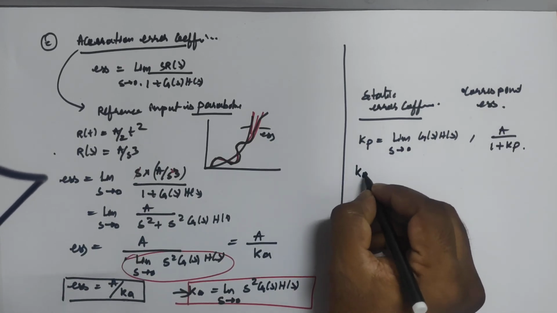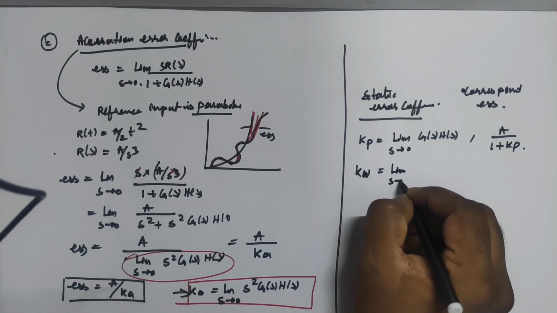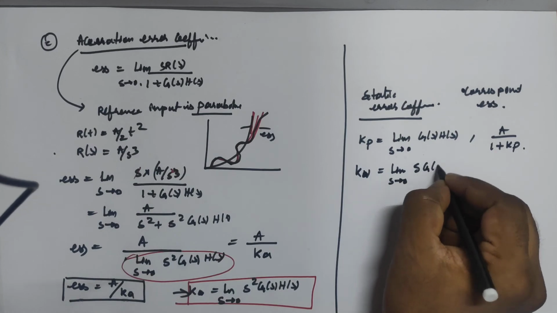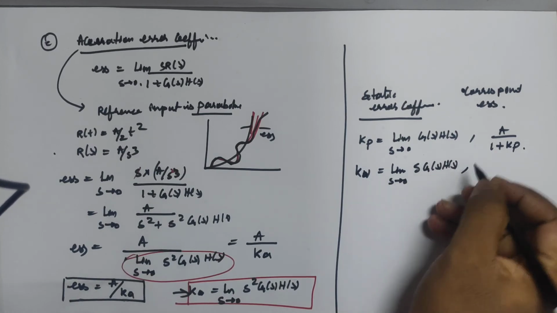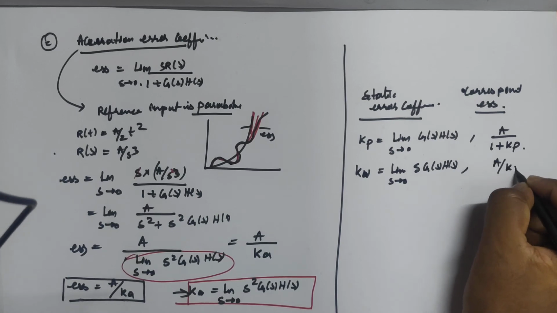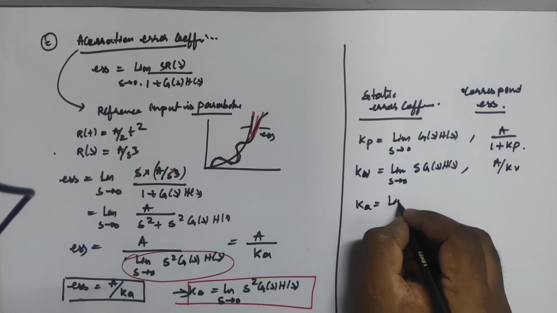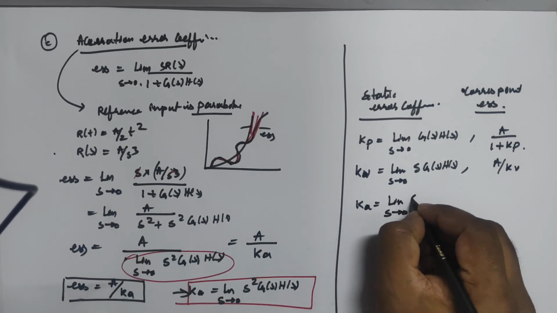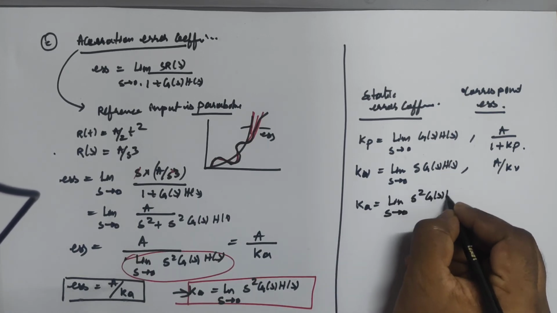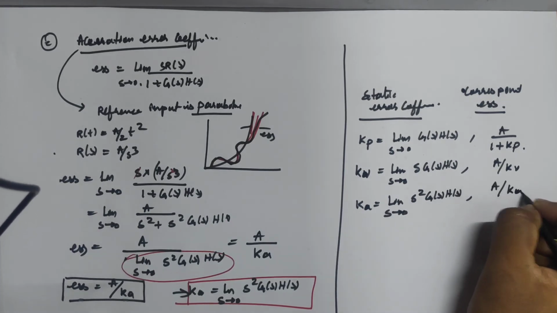For Kv, the velocity error coefficient, the value is limit s tends to 0 of s into G(s)H(s), and the steady state error is A by Kv. If the acceleration error coefficient Ka is limit s tends to 0 of s square G(s)H(s), then the error I obtain is A by Ka.